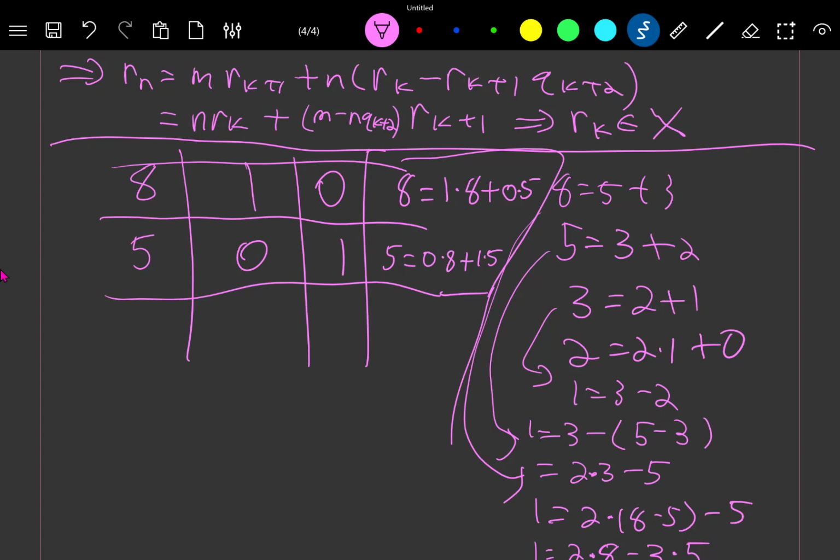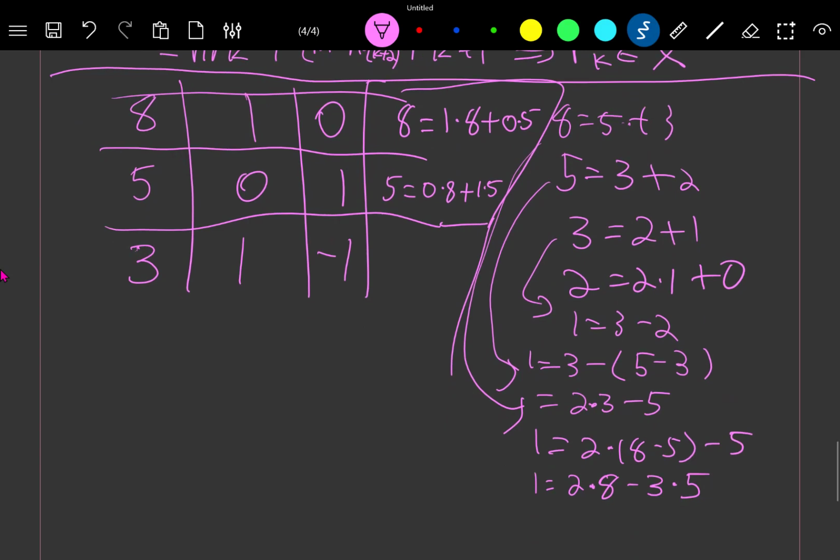So the way you go from here to get the next element of the table is to ask what the remainder is. If we looked at 8 and 5, its remainder was 3. And how did we get 3? Well, we got 3 by subtracting 5 from 8. So what happens here, you would get a minus 1, because we subtracted 5.